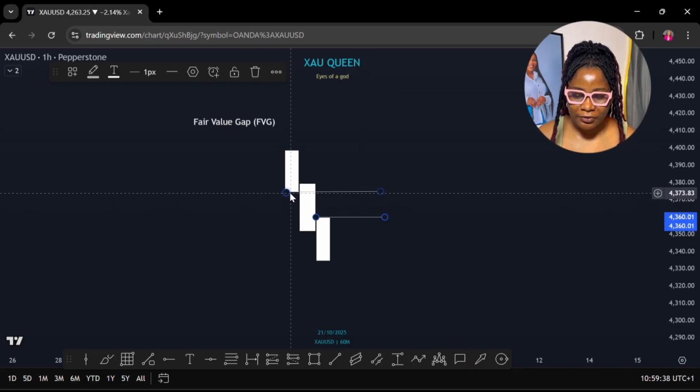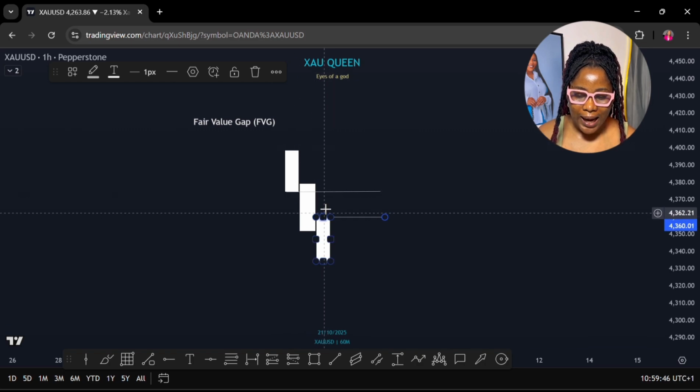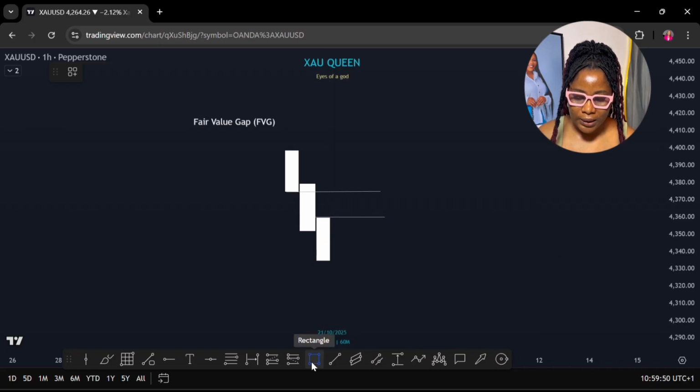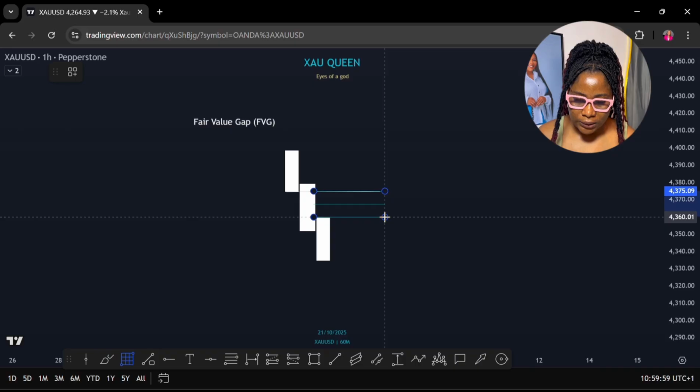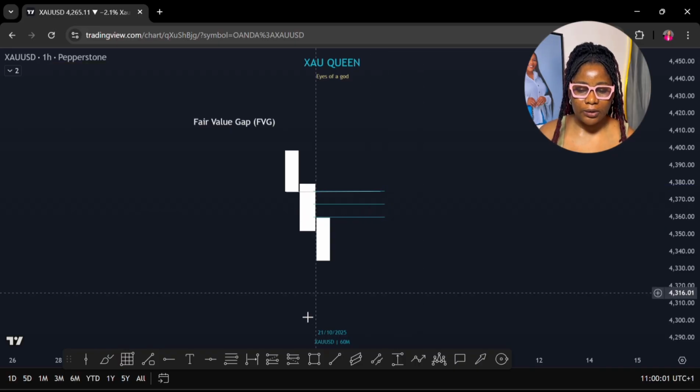So it's when between the first candle and the third candle, there is a gap. Once there is a gap between the first candle and the third candle, that is where you have your fair value gap. So this area, let me use my box. This area is your fair value gap.